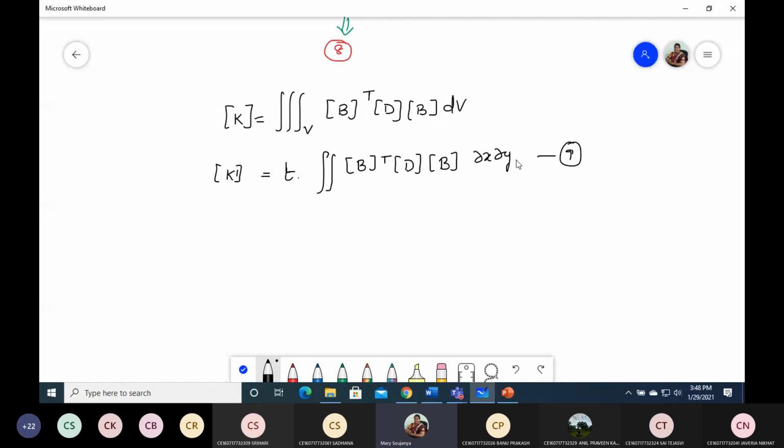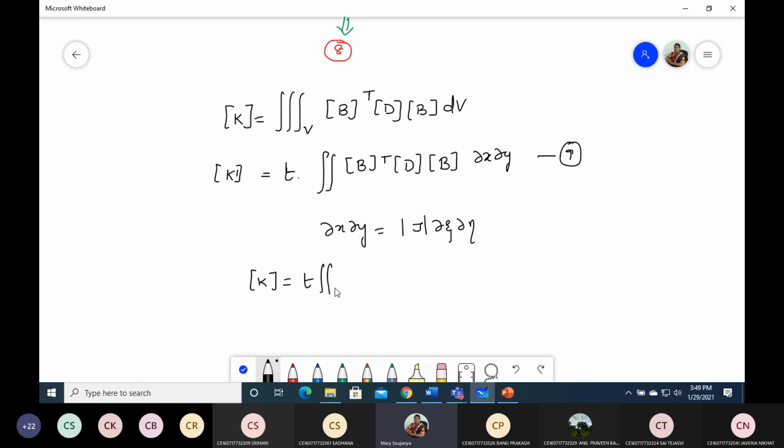Now what is this dou X and dou Y? We know that is the partial differentiation of X comma Y. Alright, so dou X into dou Y is the determinant of J into dou xi into dou eta. Alright, so finally what will the elemental stiffness matrix become?